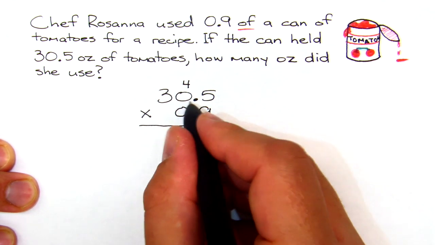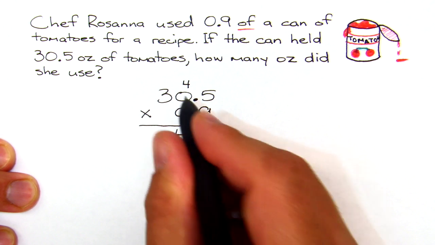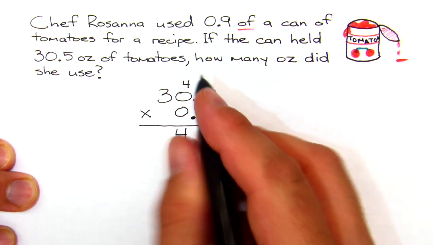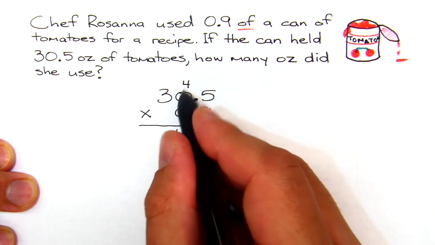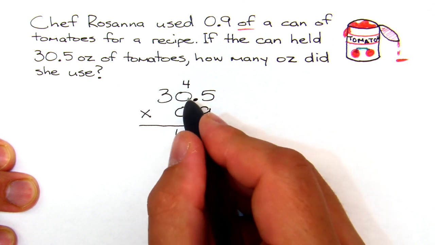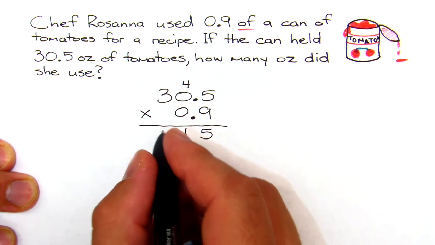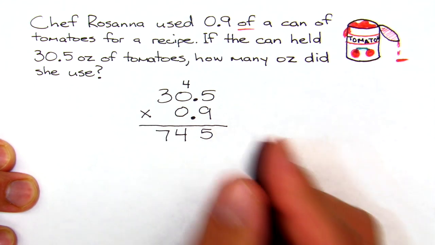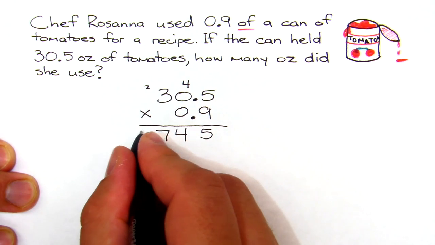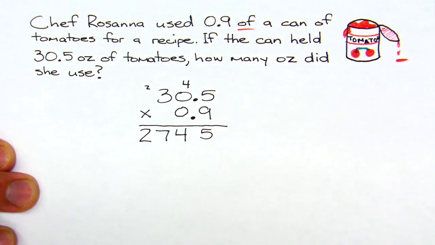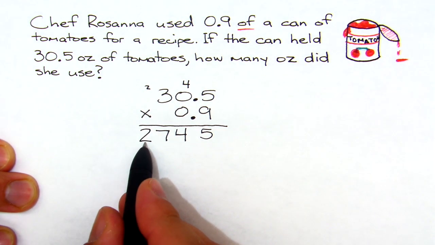That's a common mistake: many people, when they see 9 times 0, just skip it. But if you have a number up top, you need to add it. 9 times 0 is 0, plus 4 is 4. Then 9 times 3 is 27. 7 goes down, and you can just bring the 2 down since there's nothing left.